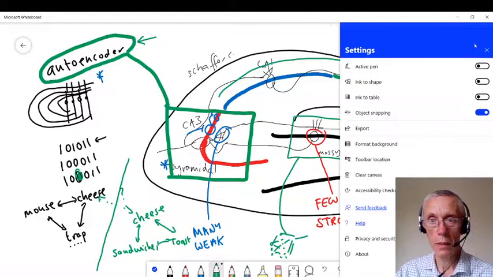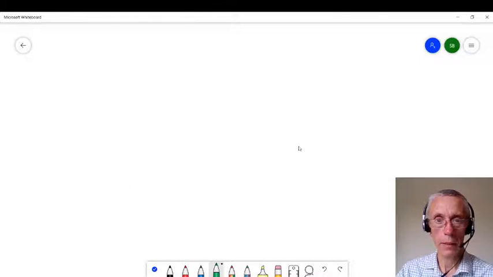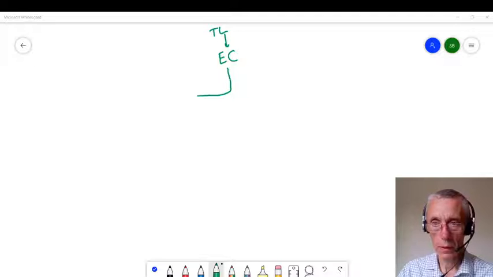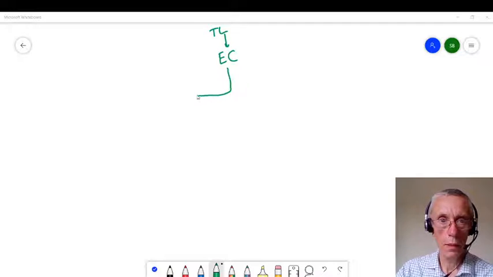So let's look at that in a somewhat cleaner way. We've got the entorhinal cortex with input from the temporal lobe. The entorhinal cortex then sends a fibre down and it interacts, in the dentate gyrus, with a mossy fibre.